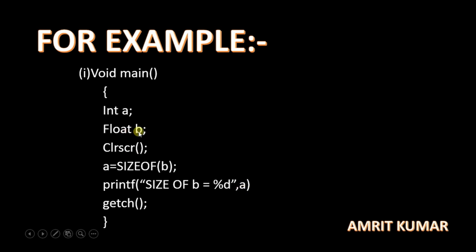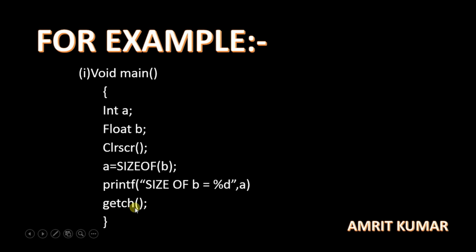We have studied the size of the float data type, that is 4 bytes. So 4 bytes is going to be placed in the variable a, and this placeholder is going to print that value. So size of b is going to be 4. This is how it works.